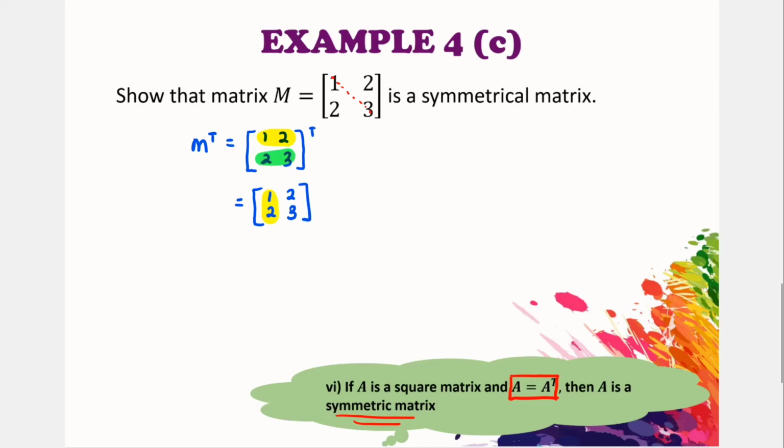Since we already see that it is actually matrix M, therefore matrix M is a symmetrical matrix. Let me add this: since M is equal to the transpose of matrix M.